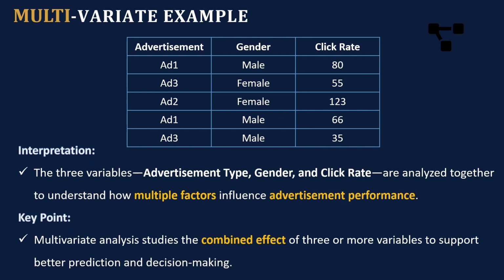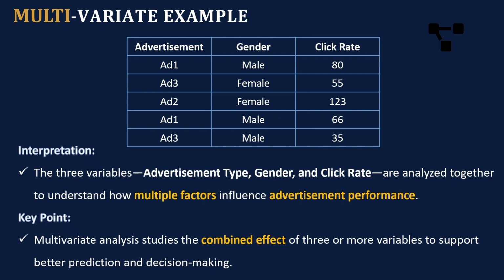Now suppose a company wants to identify which advertisement platform is better, or whether the user's gender is male or female. To answer these questions, we require all three variables together. So here advertisement type, gender and click rate act as influencing factors.